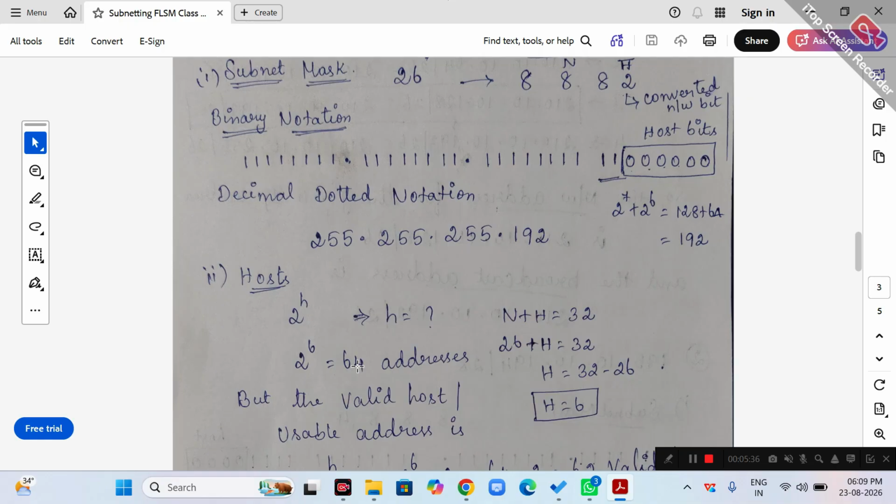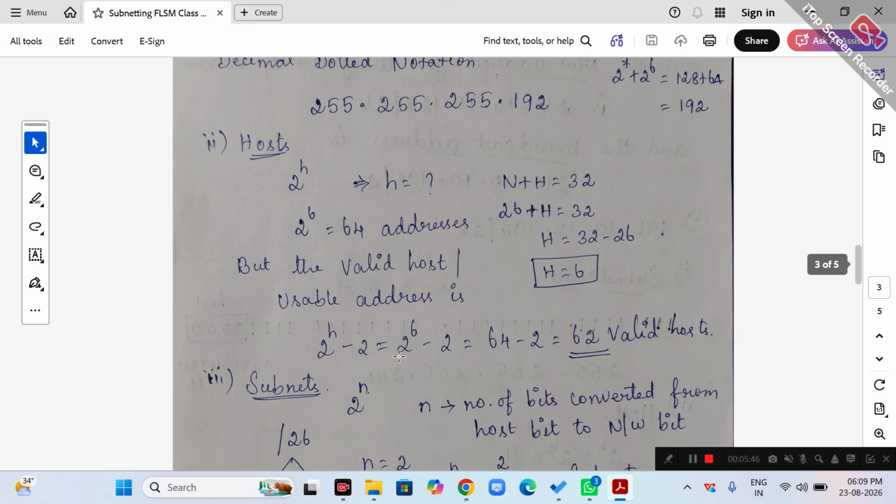These are not assigned to any device in the network. So we consider the remaining 62 addresses as usable addresses. The minus 2 is nothing but the first and last addresses. The remaining 62 addresses we can assign to devices.